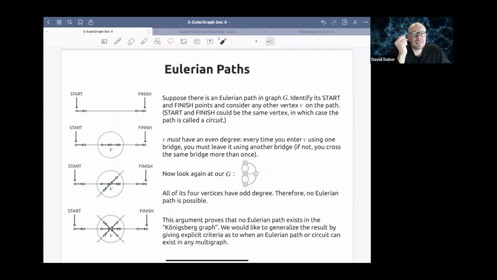Why can this vertex not have an odd degree? Well, suppose it has an odd degree. Suppose this one had degree 3. Because it's an internal vertex, I must use one of these edges to come in to that vertex, since it's on the path, and another edge to leave it. Not the same edge, because I'm covering every edge at most once.